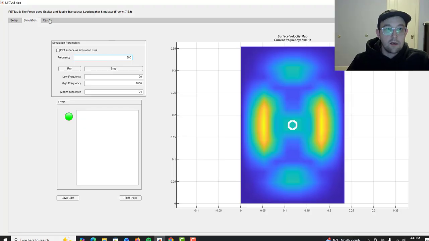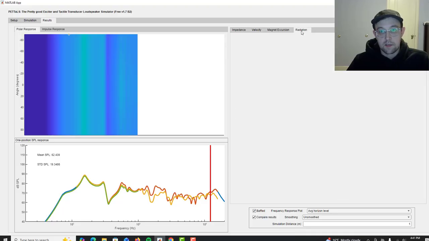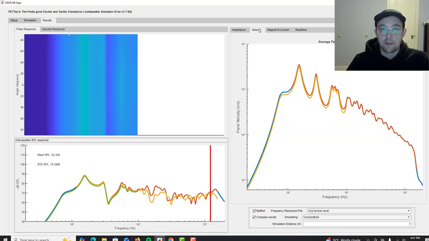If you have a version, which I have this code written, but it's not instantiated in here because it will only be for the licensed versions of this through the university, you can look at what the radiation pattern from the surface of the speaker looks like as well, but that's not in this version.